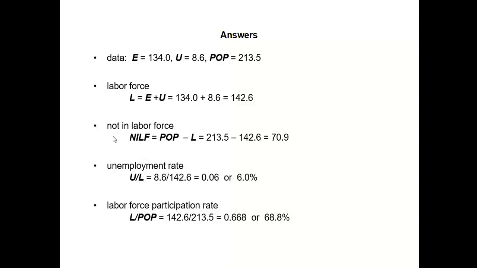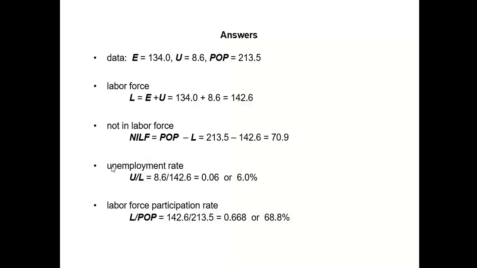Next is to find out not in labor force. So not in labor force means total population minus labor force. So total population is 213.5 and labor force is 142.6. Subtracting 142.6 from 213.5 we get 70.9 million as not in labor force.